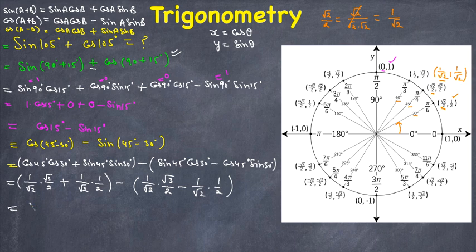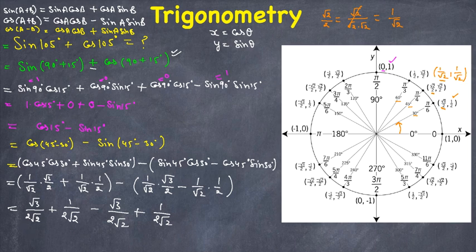So this gives me square root of 3 over 2 square root of 2 plus 1 over 2 square root of 2 minus square root of 3 over 2 square root of 2. This minus multiplied by minus gives you plus. So this gives me 1 over 2 square root of 2.